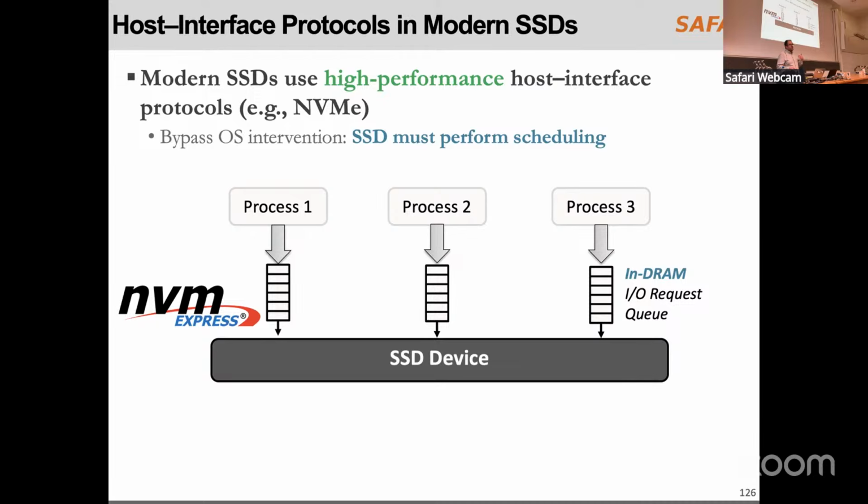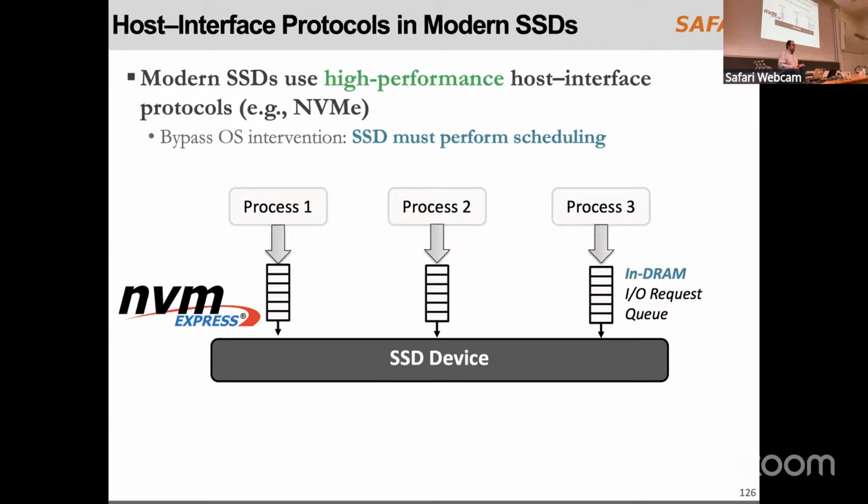And that was our observation, our insight, or let's say hypothesis, when we started thinking about this line of project: now you have different processes, they can communicate with the SSD device separately, and there is no control. In the past, we had the OS scheduling across them, but now we don't.